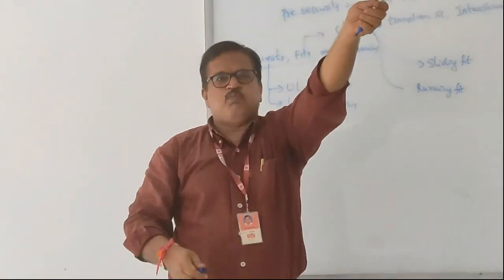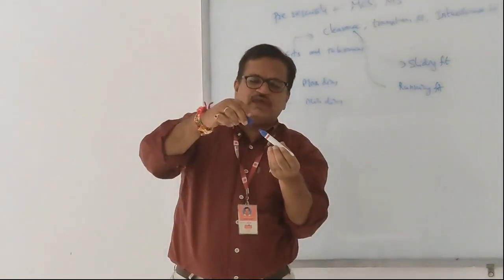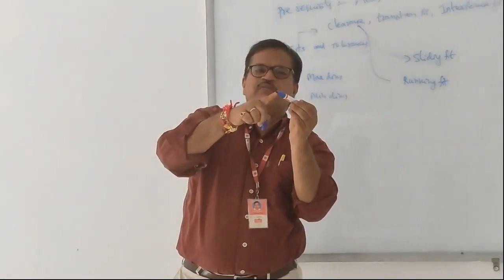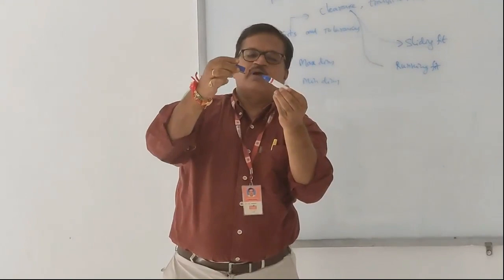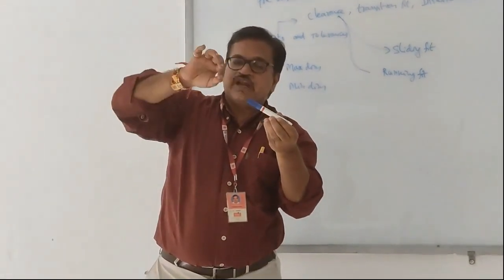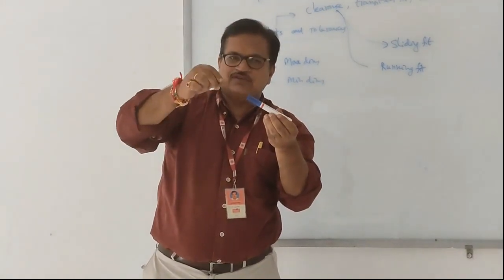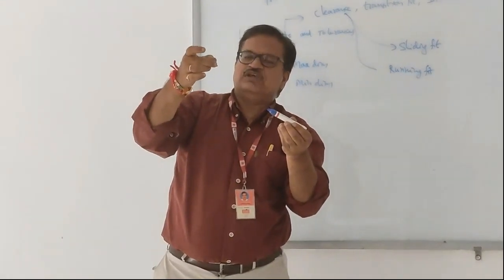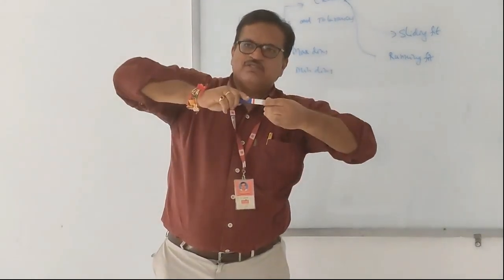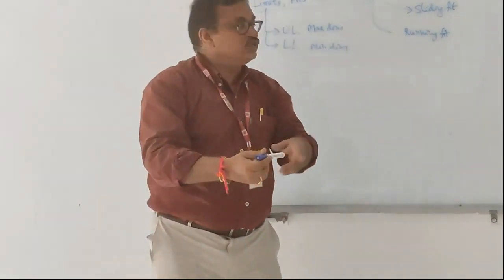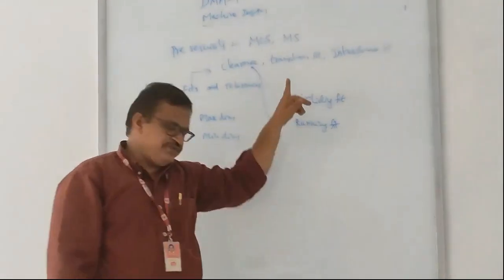You need to pull. So this is the case where initially there is clearance between the outer diameter and the inner diameter, but after that the outer diameter and inner diameter are either same, or the inner diameter is slightly smaller. Then by pushing it, you are going to obtain a fit. That fit is known as the transition fit.